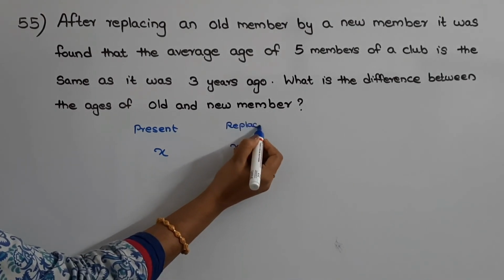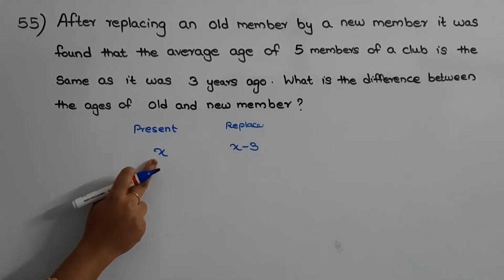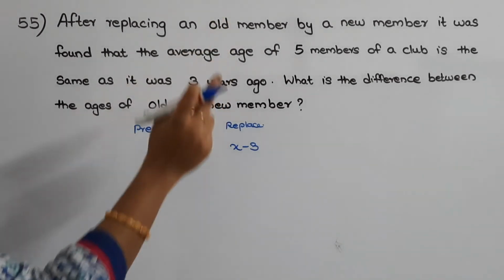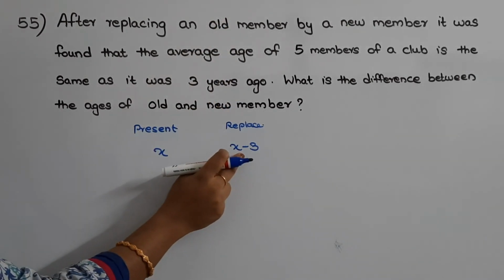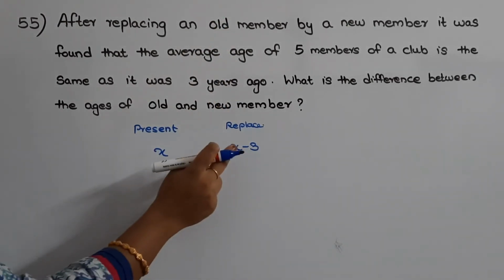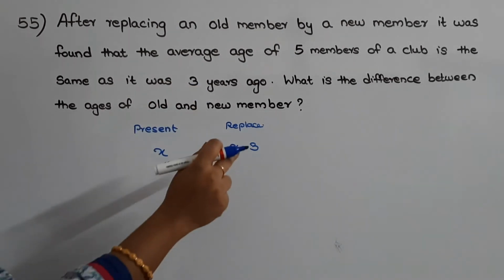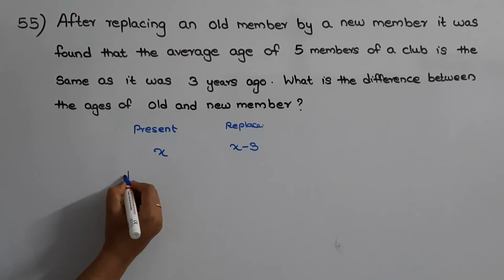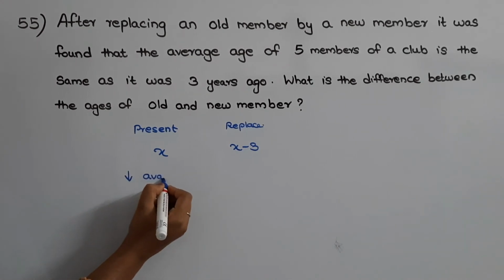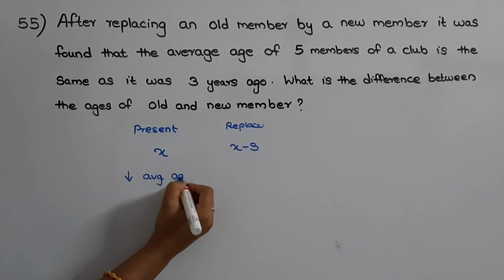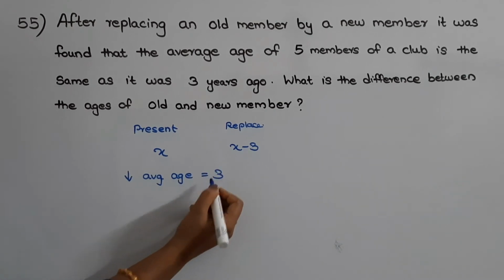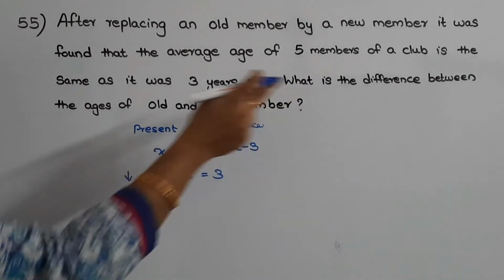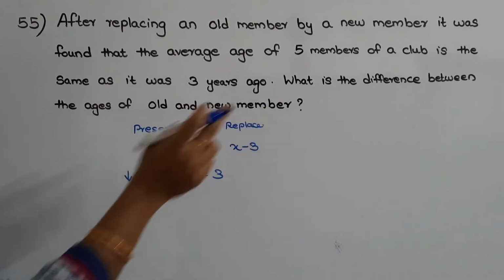Initially the average was x. After replacement of one of the members, the average has become x minus 3, which means the average has decreased by 3. So the decrease in the average age is 3.